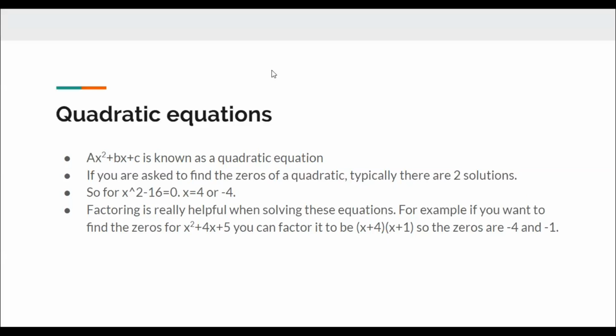This should say 5, and this should say 4. So you can factor that as x plus 4 times x plus 1. Then your zeros are when x plus 4 is equal to 0 or x plus 1 is equal to 0, and our possible choices are -4 and -1.